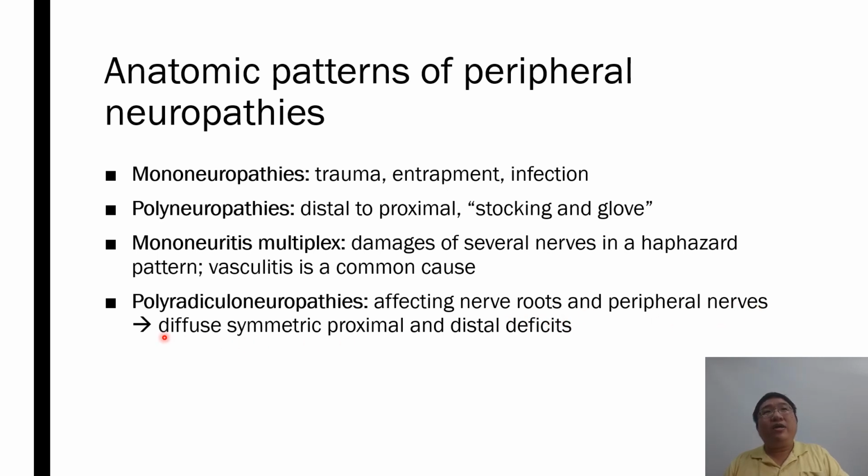The patients will suffer weakness or sensory loss symmetrically. The disease will affect both proximal and distal parts of the body. This group of diseases is quite severe, and one example for this pattern is Guillain-Barré syndrome, as I will mention later on.